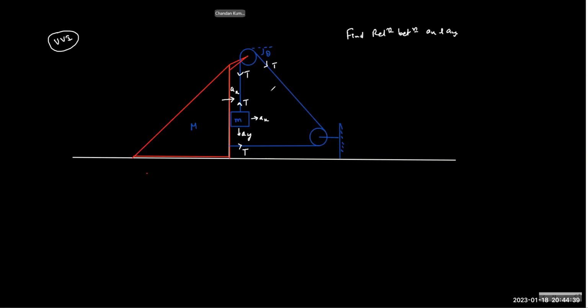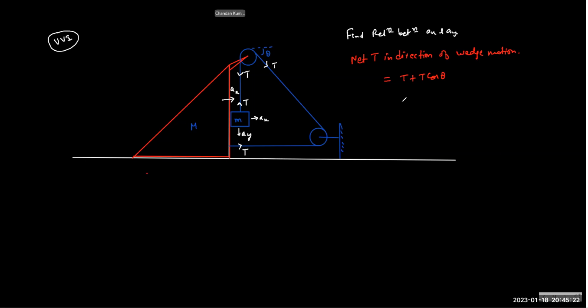And therefore, if you look at the direction of motion of the wedge, what is the net tension force acting in the direction of the wedge motion? Tell me. So the net tension in the direction of wedge motion is how much? You can see T plus T cos theta. Very good.